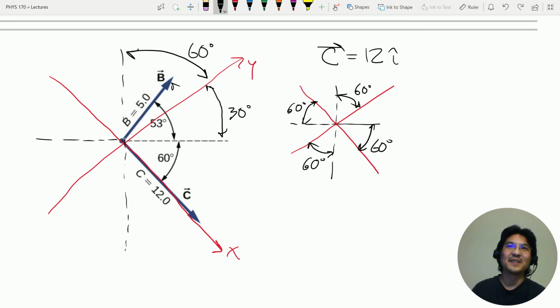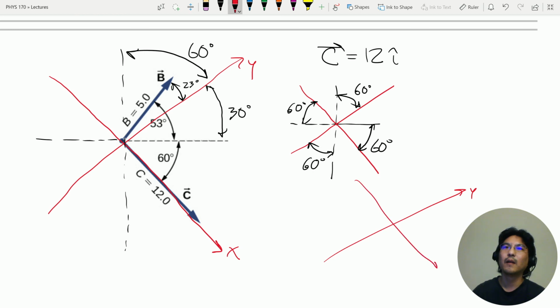So that means here to here has got to be 53 minus 30, right? So that's 23 degrees right here. Let me just draw it again. Okay, so vector b is here, which is 23 degrees.